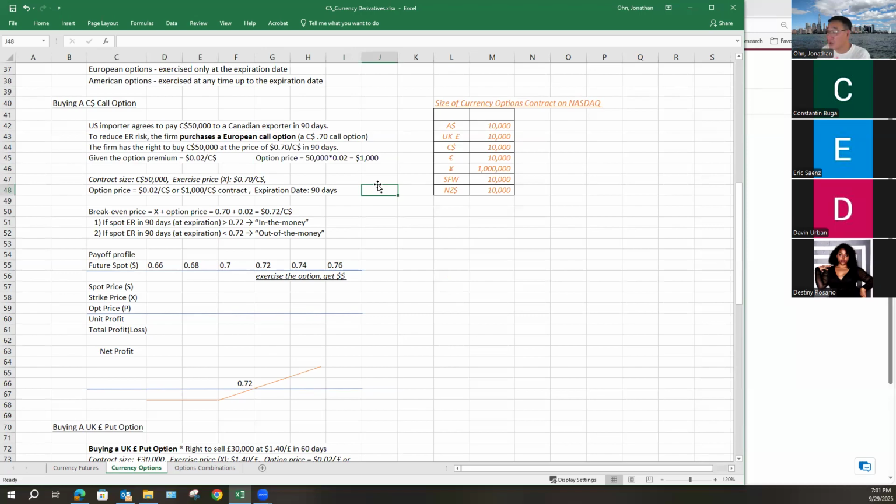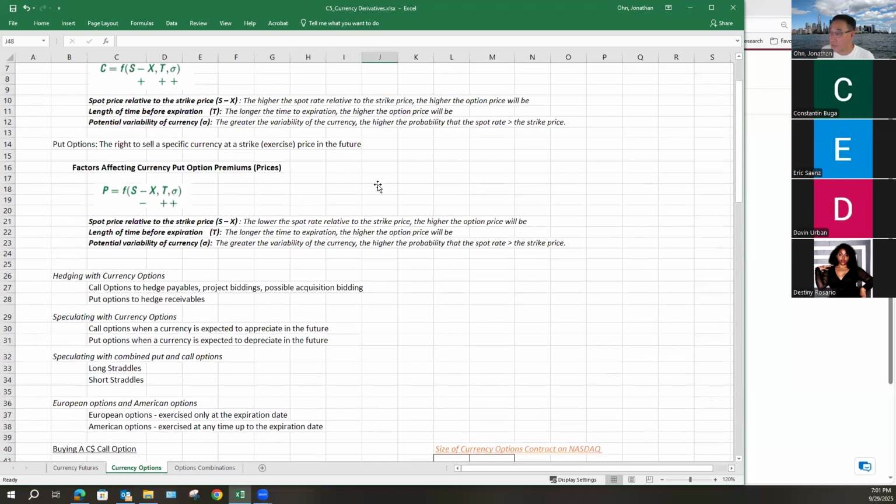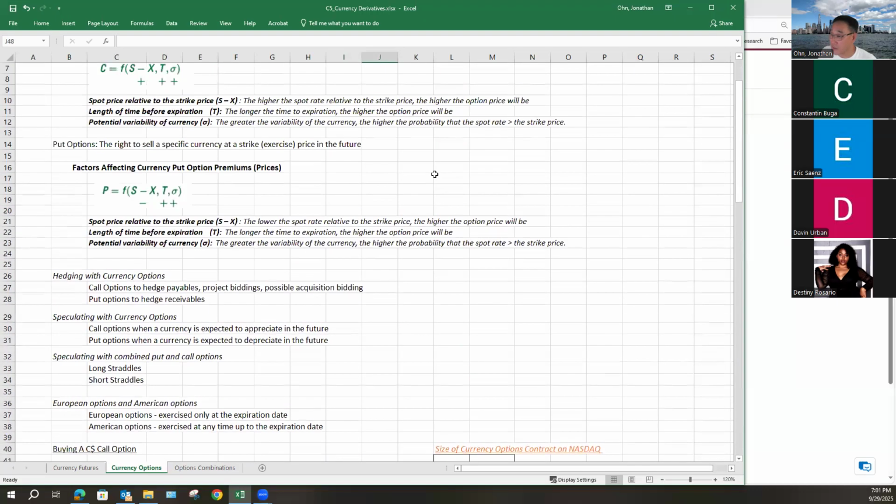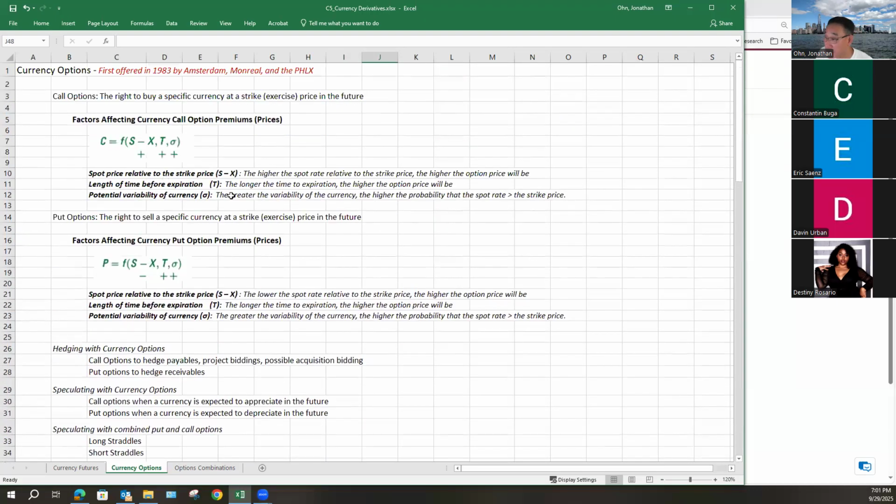So that price was 2 cents per Canadian dollar. The higher the spot minus strike, the higher the option price. So if it is higher, then this 2 cents option price should be 2.5 cents or 3 cents, something like that.